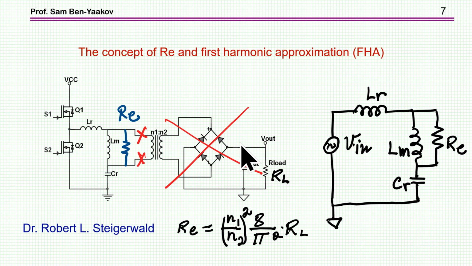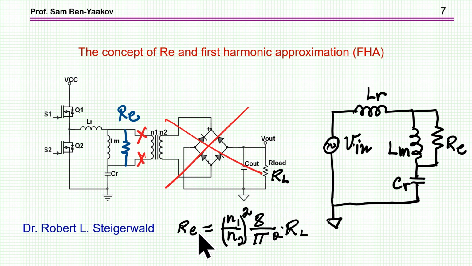I'm going also to use the first harmonic approximation and also the concept of R sub AC, in which we are replacing the nonlinear part by an equivalent resistor such that the loading will be the same. In fact, the Q will be the same. And this was presented, of course, by Professor Steigerwald, the first presentation of this concept.